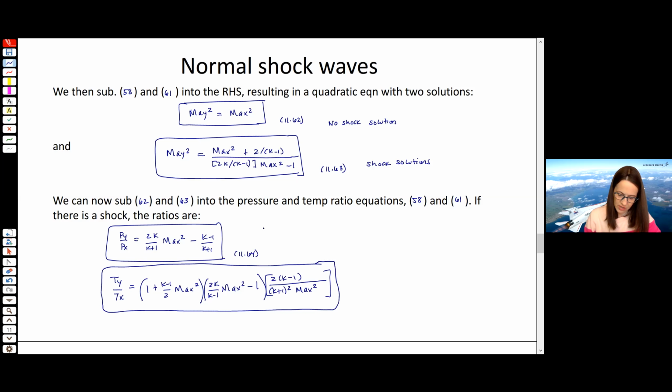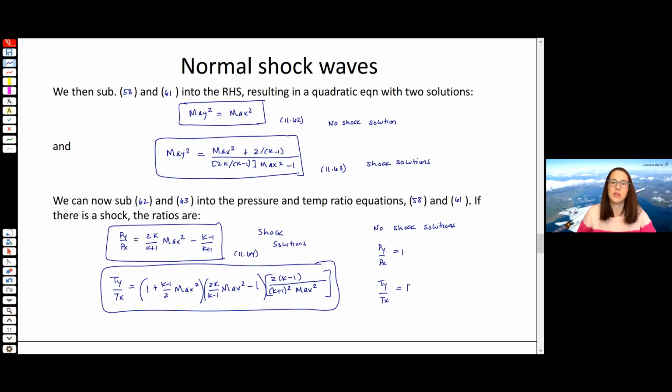These are our shock solutions. And then our no shock solutions, unsurprisingly, are that Py over Px is equal to 1, and the same thing for the temperature, Ty over Tx is equal to 1.